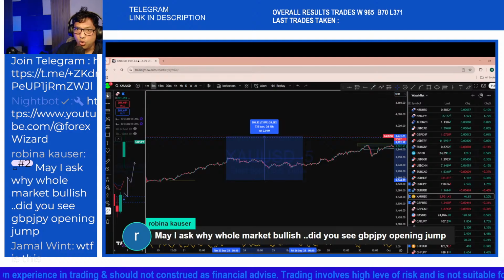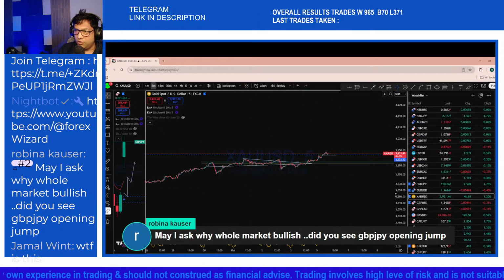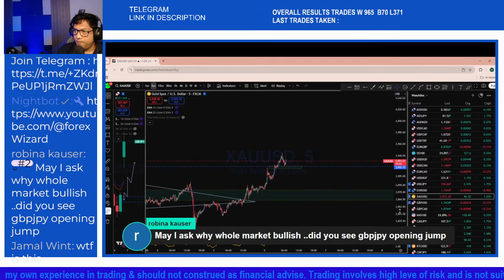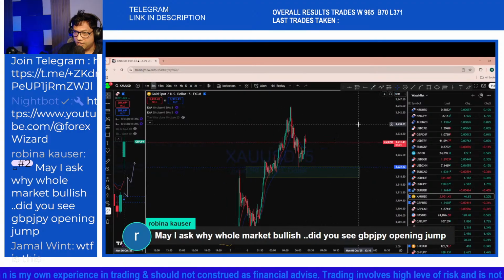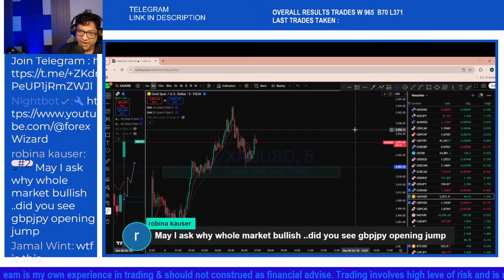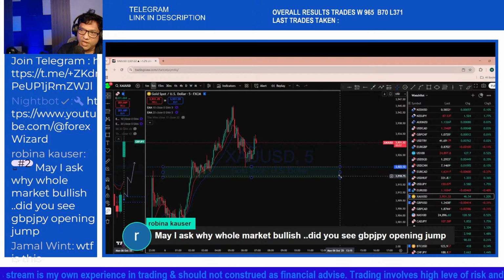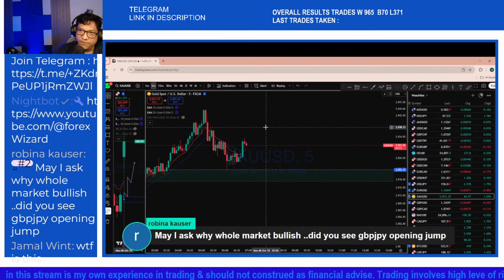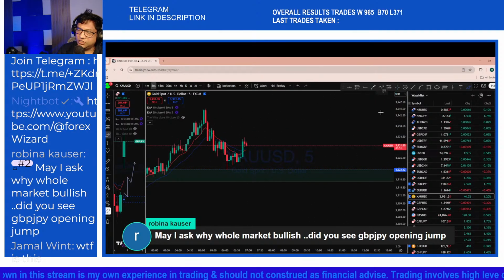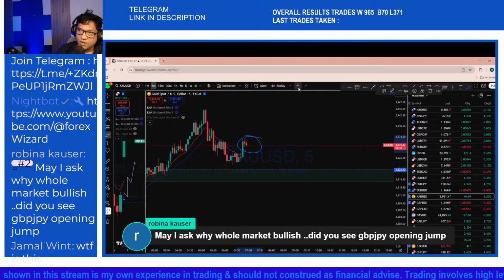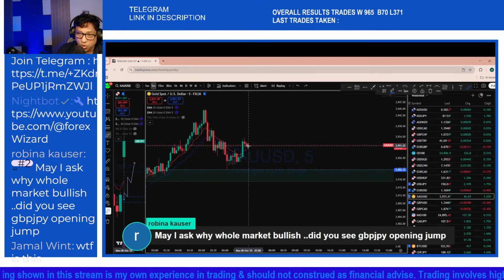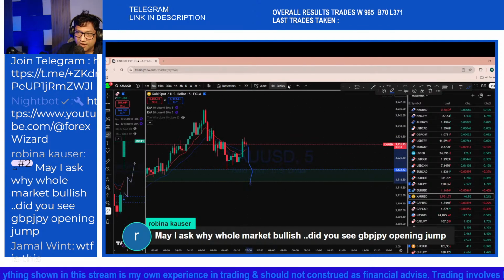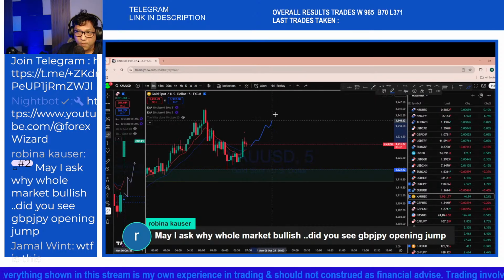Now look at here, you can see that this is the move. Currently the market is heading back to the upside, and from that area that we are looking at, there is a very small candlestick pattern formation here. What we are looking at is the market breaking that low, or it could continue to bounce off that level.